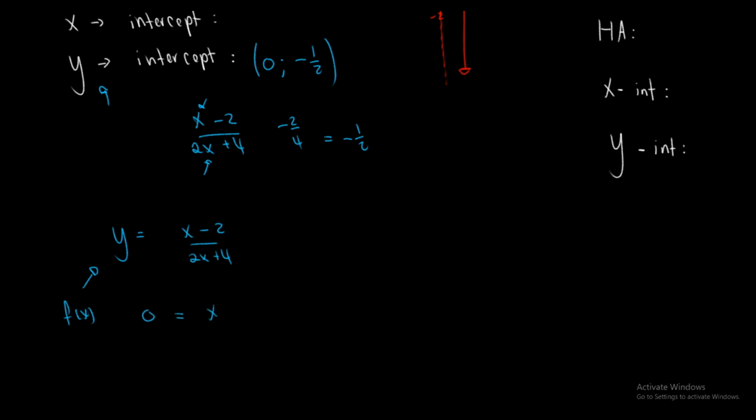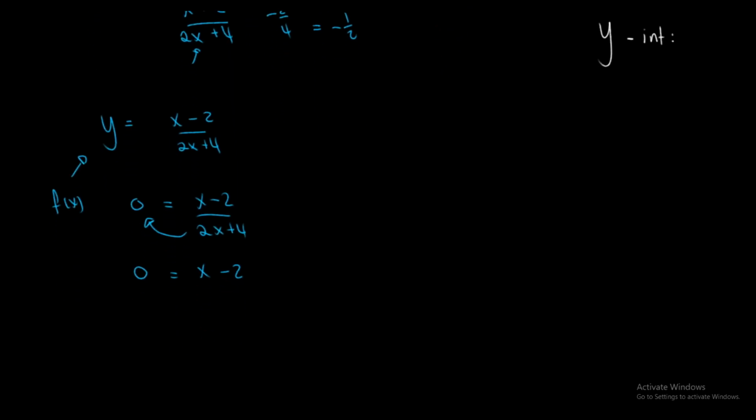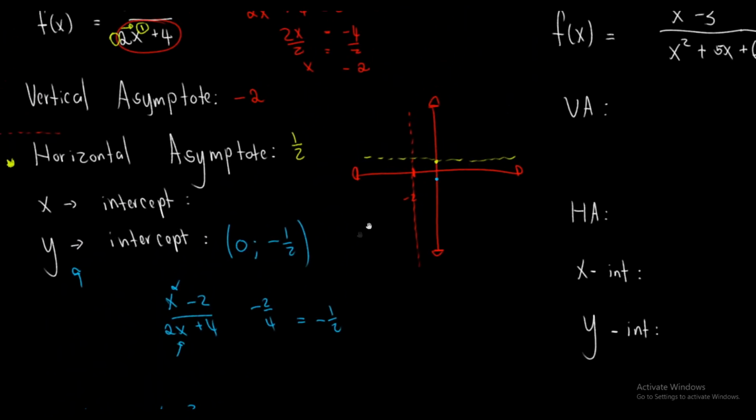So 0 is equal to x minus 2 over 2x plus 4. I can cross multiply, 2x plus 4 times 0 is 0. So we're left with 0 is equal to x minus 2, and then we can solve for x. So x is 2. So my x-intercept is going to be x is 2, which is over there.